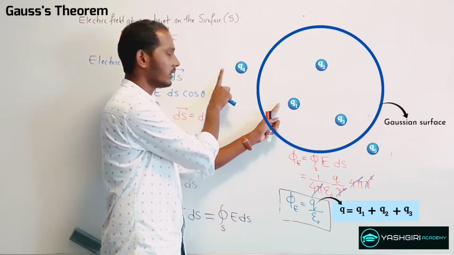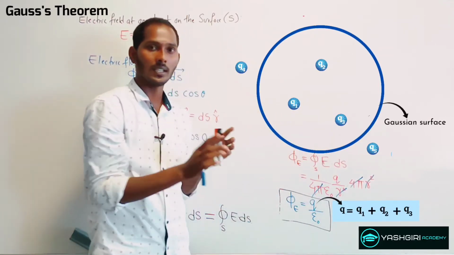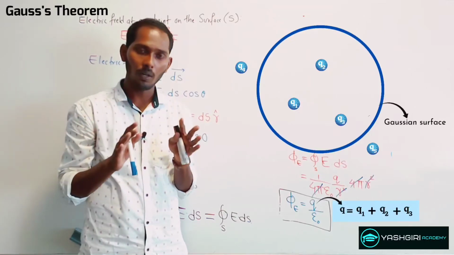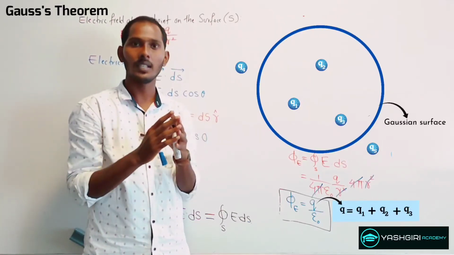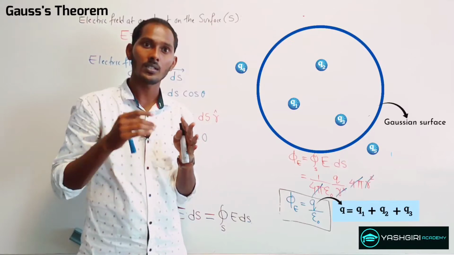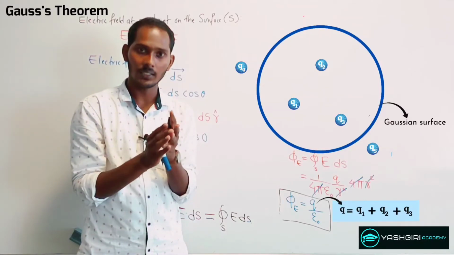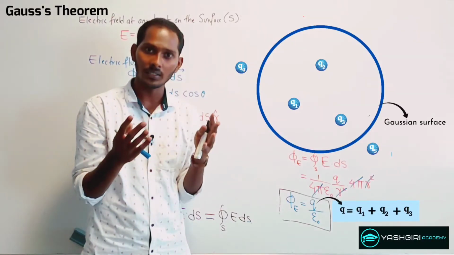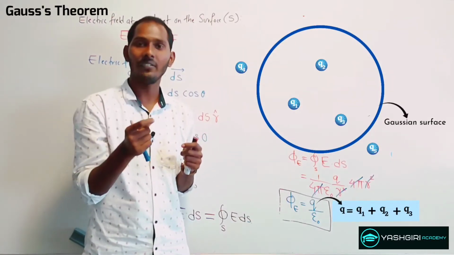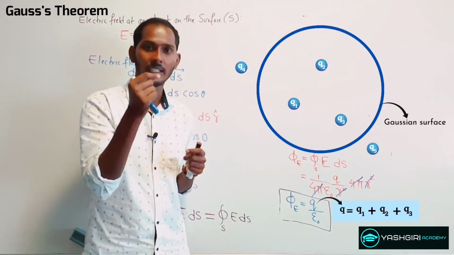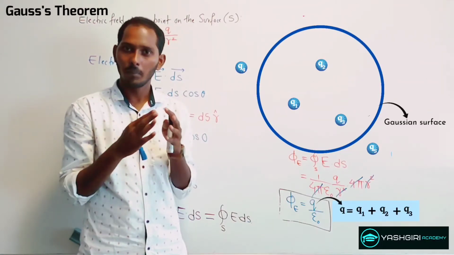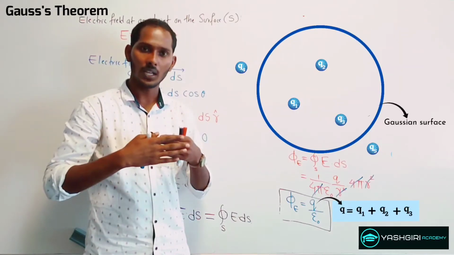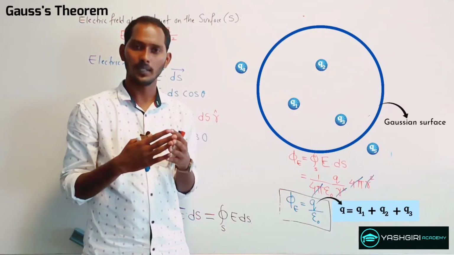So it will not count the charges lying outside the surface. That's the important point. Now while drawing the Gaussian surface, you see that it does not pass through discrete charges, because the electric field due to a system of discrete charges is not well defined at the location of any charge. That's the reason. But a Gaussian surface can pass through a continuous charge distribution, so no problem in that.